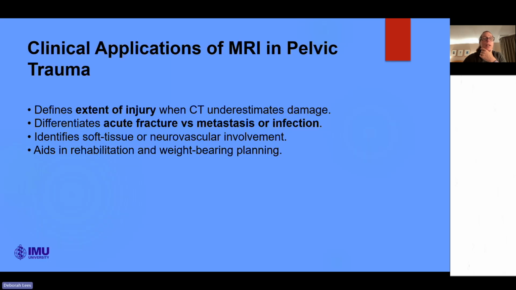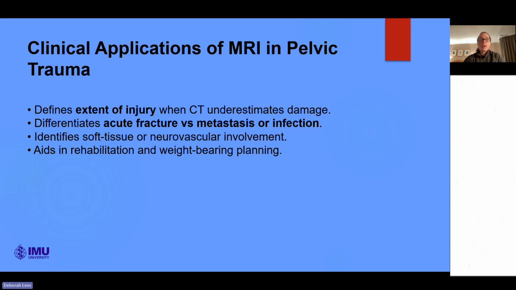Okay. So again, the story is exactly the same with everything else. You've got to see your MRI in context. So take a good history, do a really good examination. You want to then look at the areas of interest that you've identified clinically. You always want to think, if you don't have a very clear history of trauma, are you dealing with a metastasis? Are you dealing with an infection?